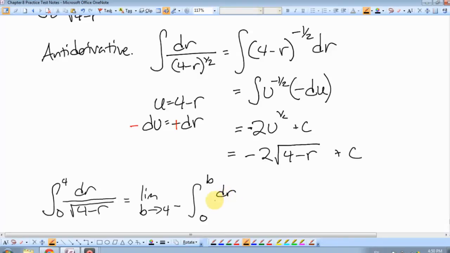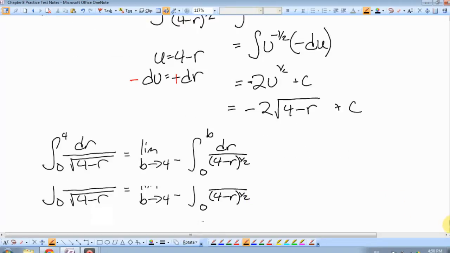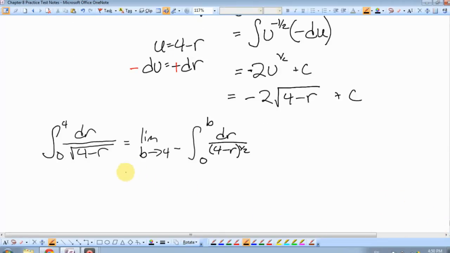Wait, because going from 4 to 0, you're going back to the left. If it was 4 to 8, you'd be to the right. Think of it like the number line. Here's 0, here's 4.